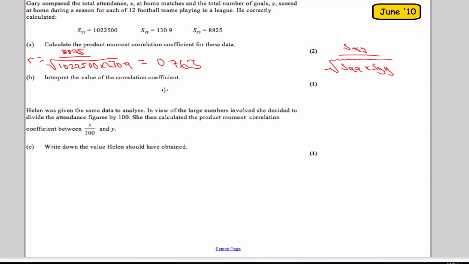Interpret the value of this correlation coefficient. Essentially, we can see that it's a positive correlation, and it's close to 1.